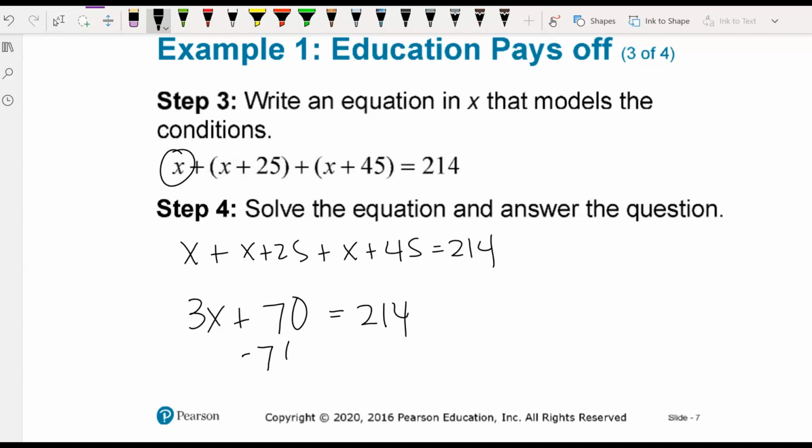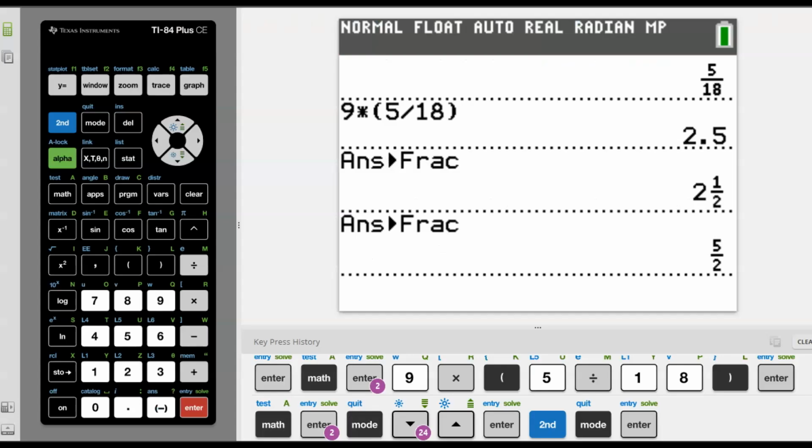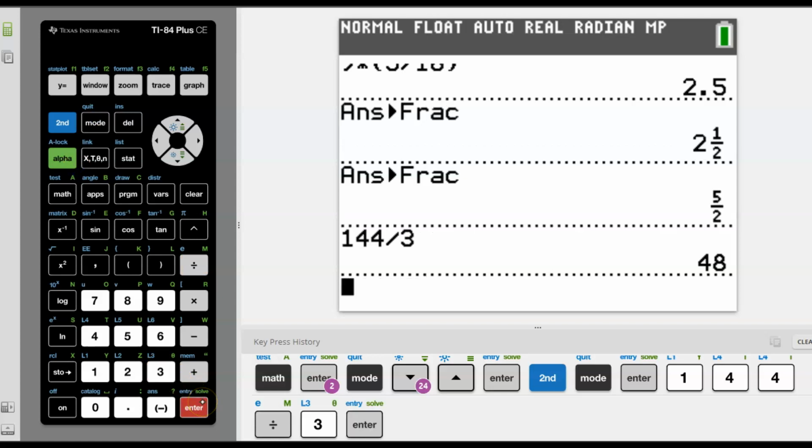And then we'll subtract 70 from each side. So we get 3x equals 144. And then you can do your 144 divided by 3, and you'll get 48.